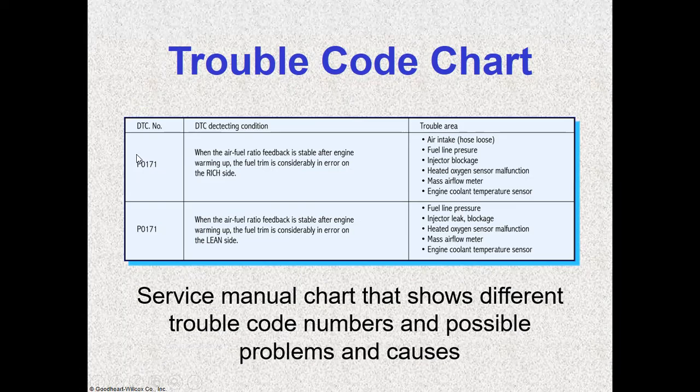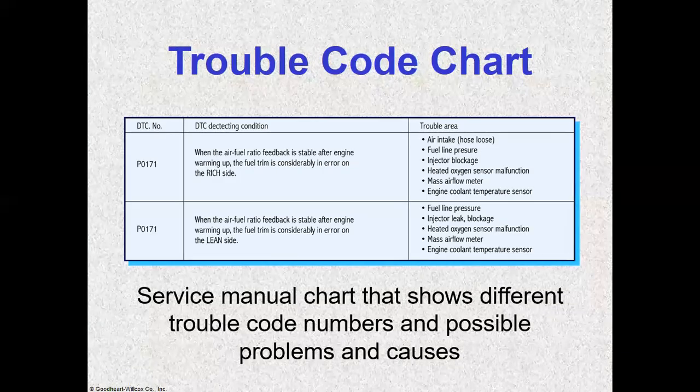What type of system is this? OBD1 or OBD2? OBD2. Okay. Yeah, because we know OBD1 codes normally have 2 digits, mostly.